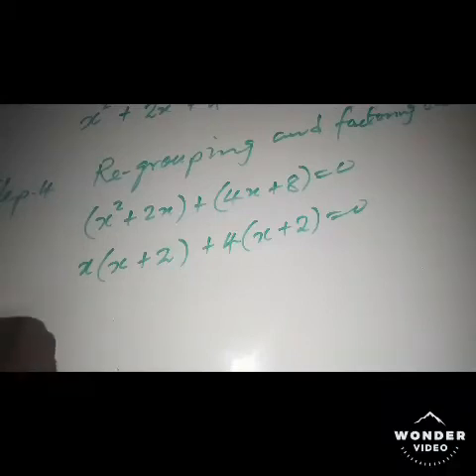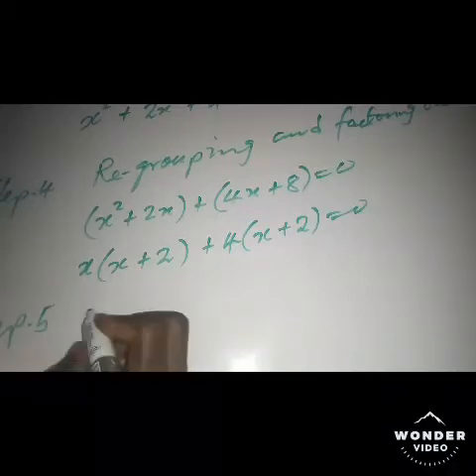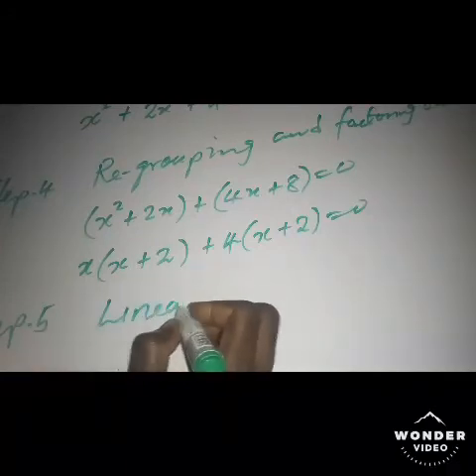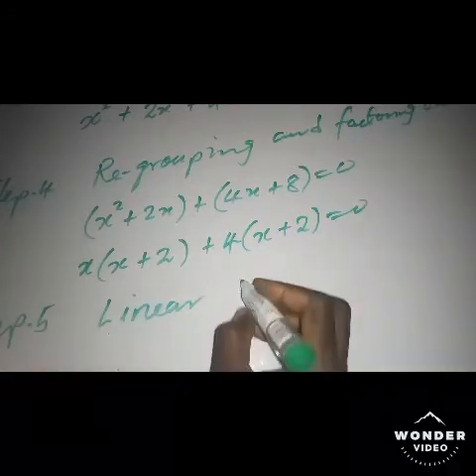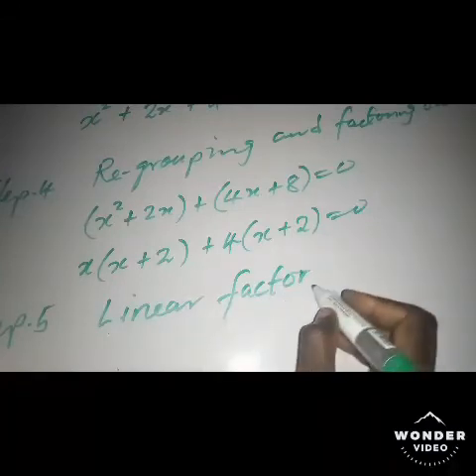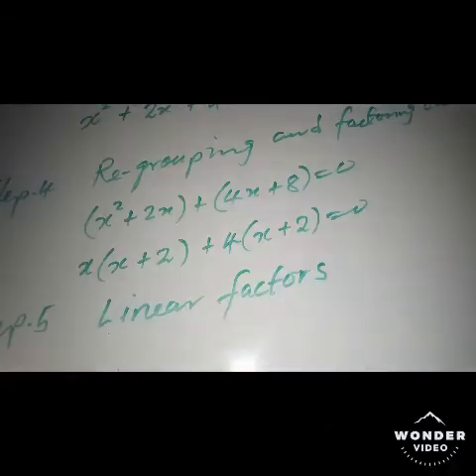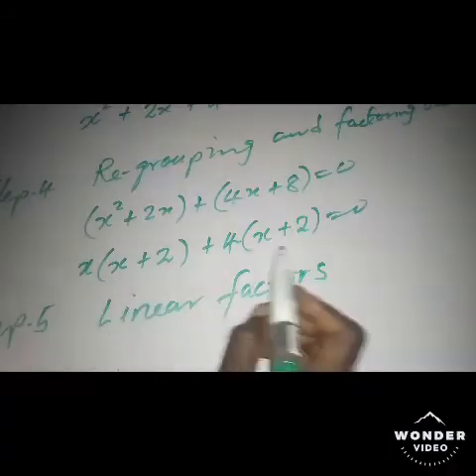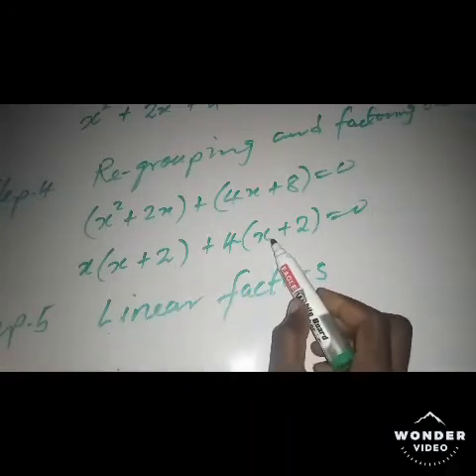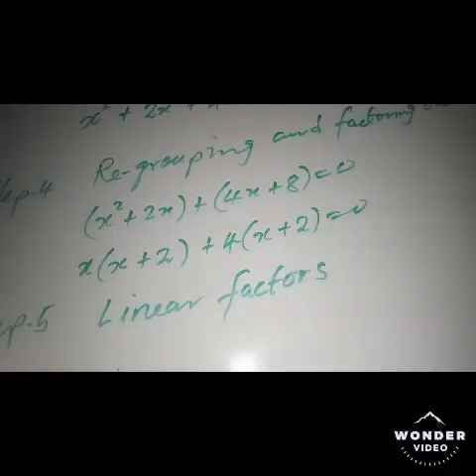The next thing is step number 5, where we get what are called the linear factors. I explained this earlier. When you look at these factors, the first one is x plus 2 and the second one is x plus 2, and that is exactly what we want.